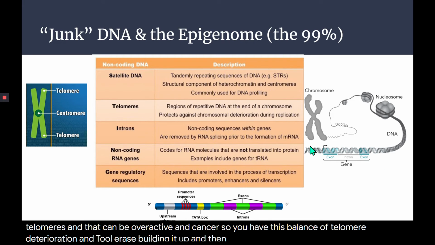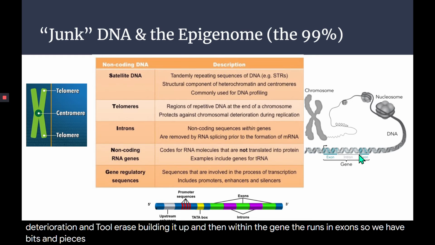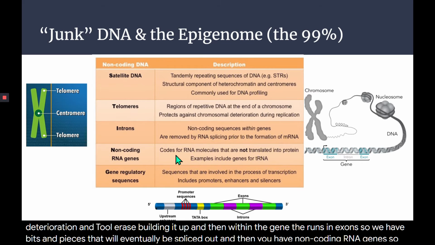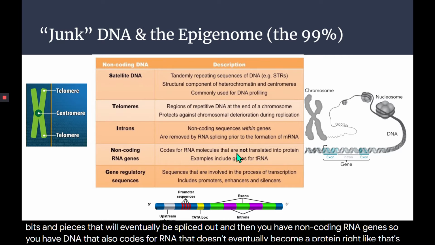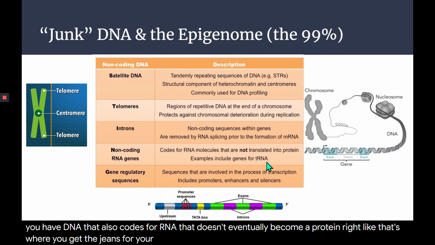And then within the gene, the protein coding sequence, you have introns and exons. So you have bits and pieces that will eventually be spliced out. And then you have non-coding RNA genes. So you have DNA that also codes for RNA that doesn't eventually become a protein, right? Like that's where you get the genes for your tRNA.